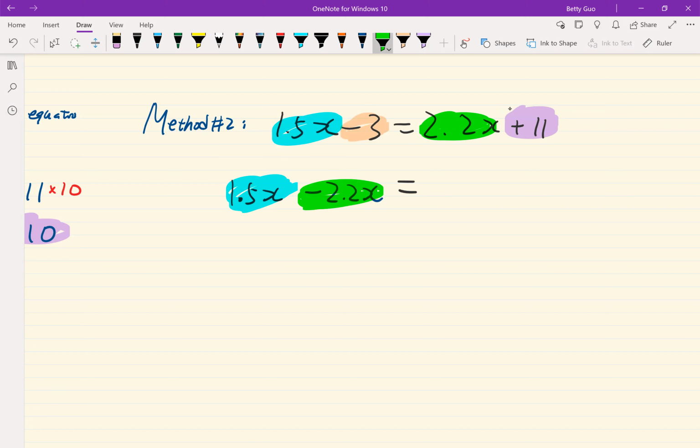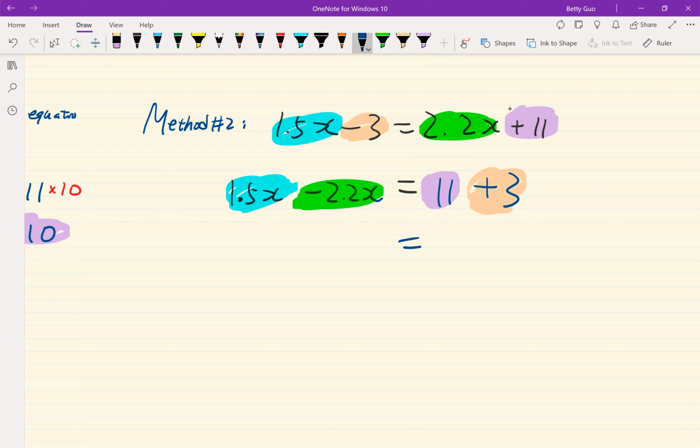Do you see that? Green moved over. Positive becomes negative, right? On the right hand side, 11, purple doesn't change. Purple is still on the right hand side. The orange, because you want to move it to the right, negative becomes positive, right? You see that? Same as what we did earlier.